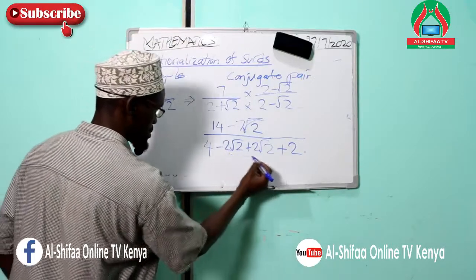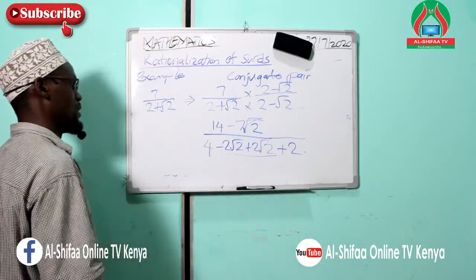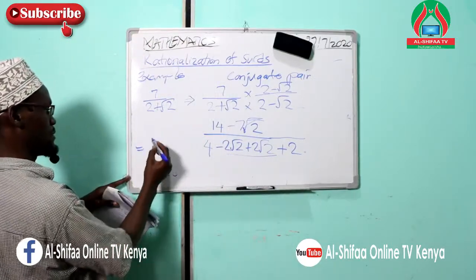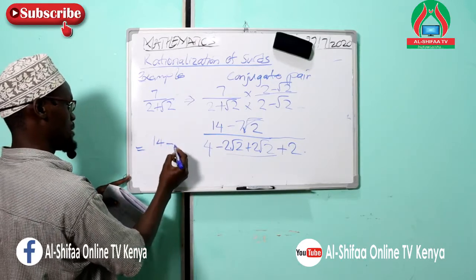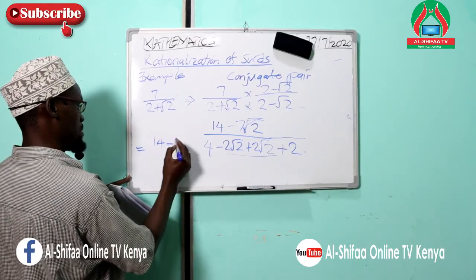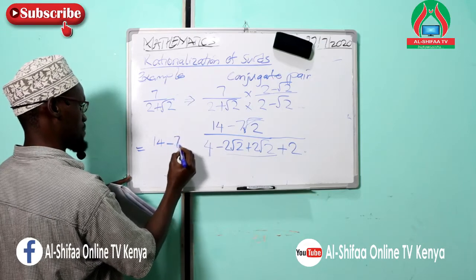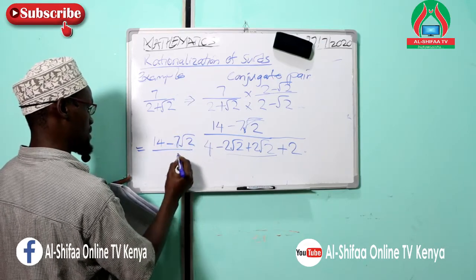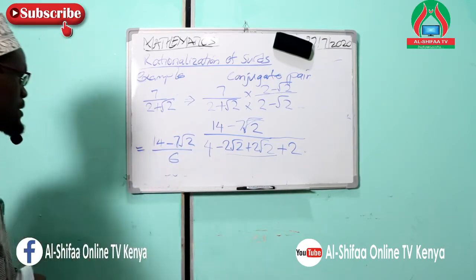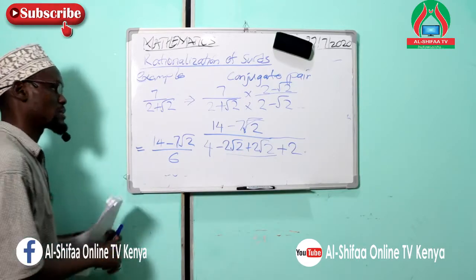So these ones will cancel each other. So we end up having 14 minus 7 root 2 over 6. That's our answer. We have already rationalized.